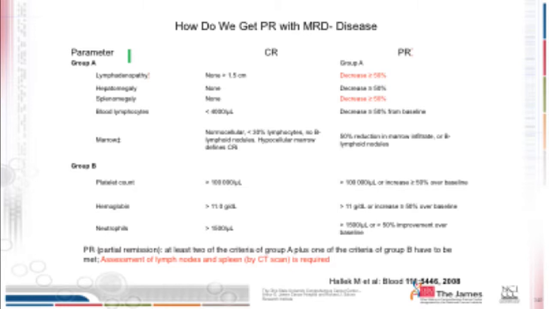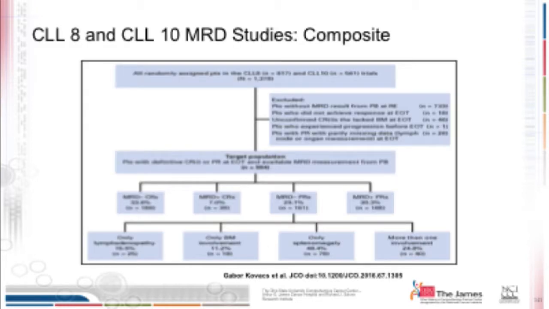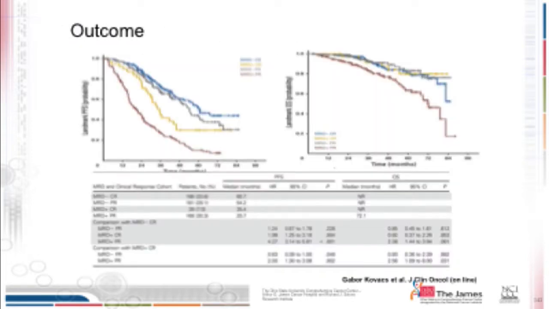And so the German CLL study, and this is the only composite study that I'm aware of, where they combined data from the CLL8 study, and then a new study that compared FCR to BR, and integrated the MRD negativity data, and essentially showed that for the different compartments, if you were MRD negative CR or PR, you did the same, particularly if it was in the spleen.